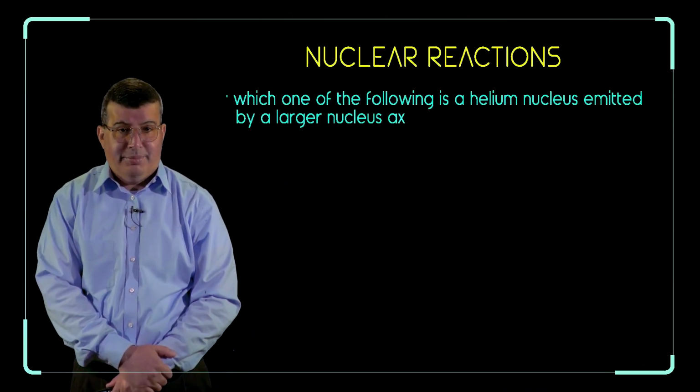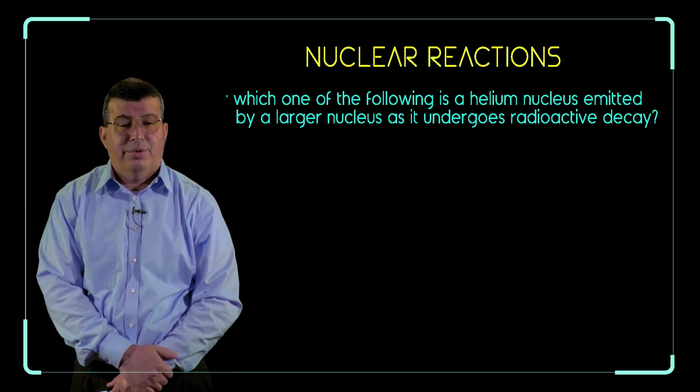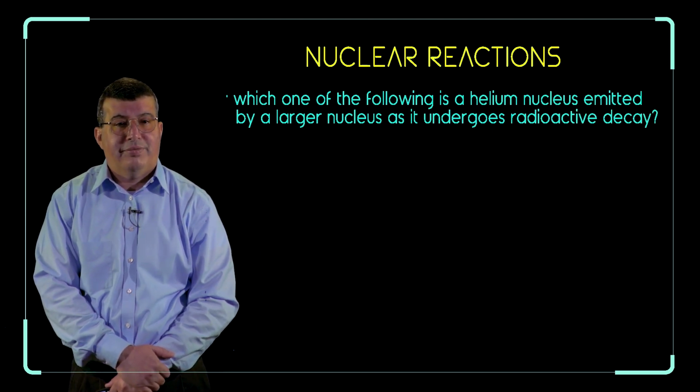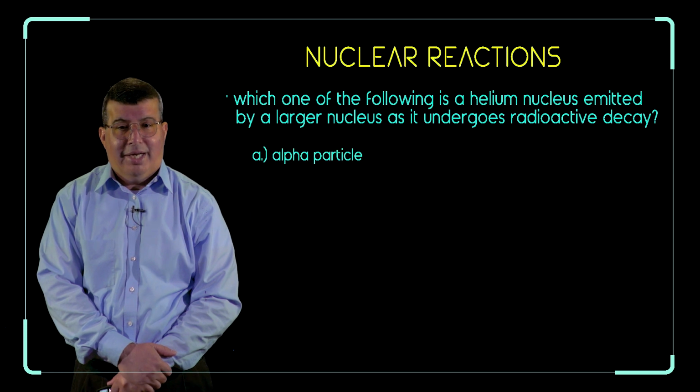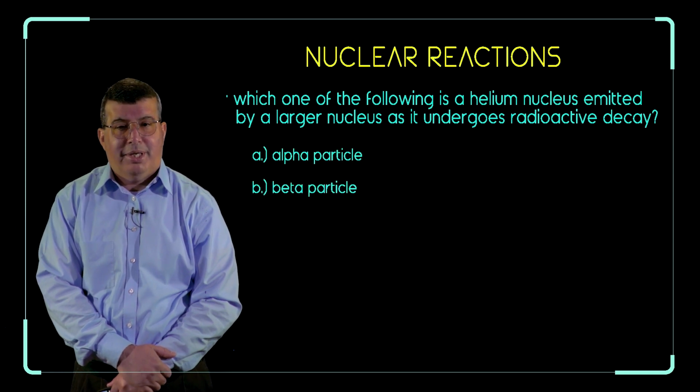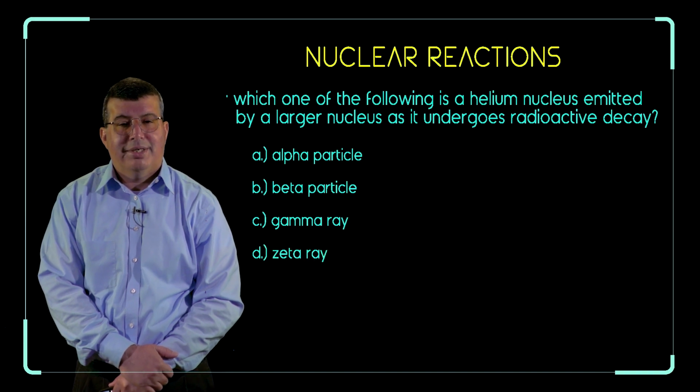Next question. Which one of the following is a helium nucleus emitted by a larger nucleus as it undergoes radioactive decay? A, an alpha particle, B, a beta particle, C, a gamma ray, or D, a zeta ray?